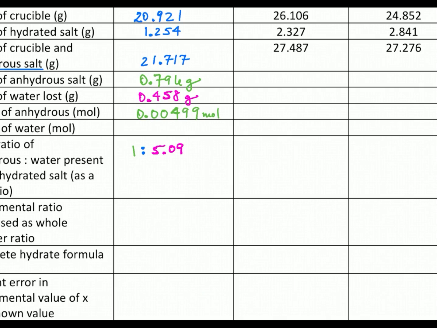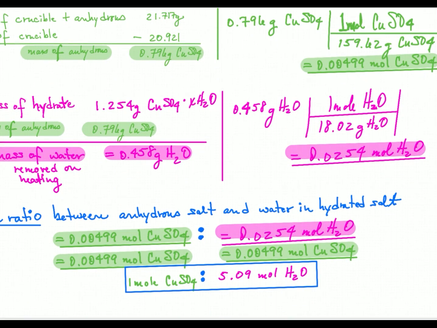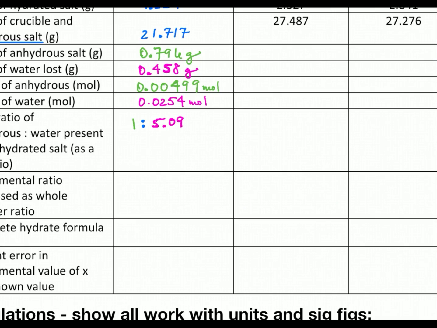That's how much water we removed on heating. We transferred that to moles, and we got 0.0254. And we took those mole numbers, we divided both by the smallest, which is the moles of anhydrous, and we ended up with a 1 to 5.09 ratio.